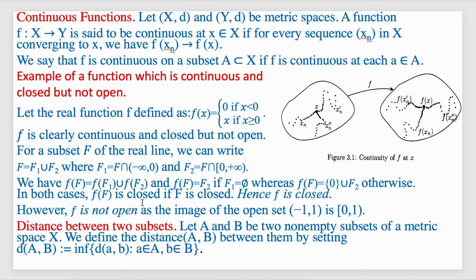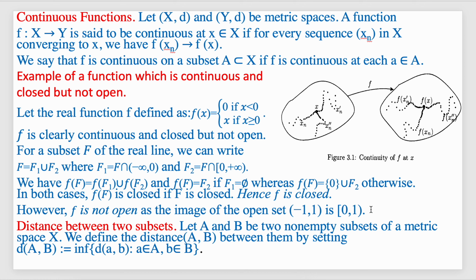However, we see that f is not open, as the image of the open set minus 1 to 1 under this function is 0 to 1, because for values minus 1 to 0 it is 0, and for values 0 to 1 it is x. So the image of minus 1 to 1 is the semi-closed interval 0 to 1.